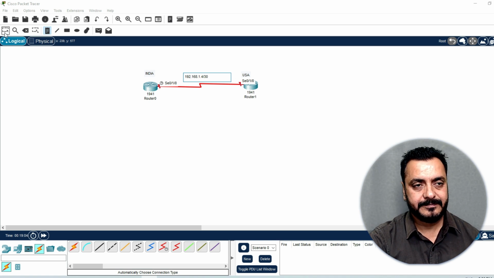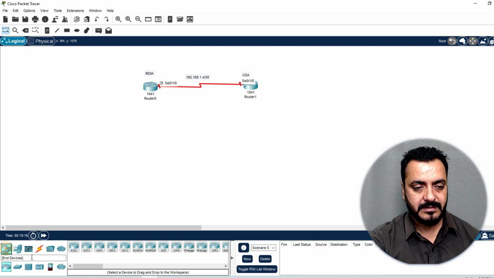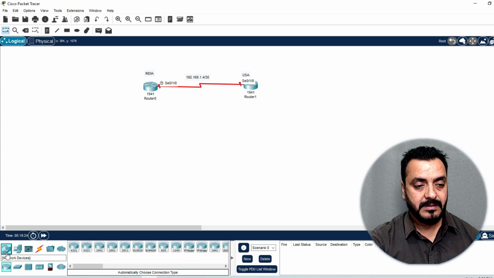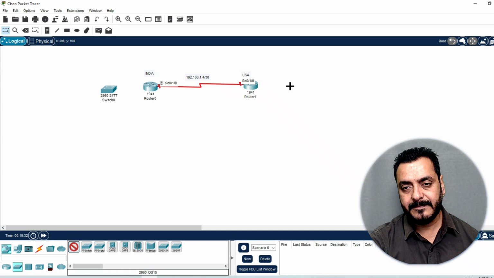Next, we have to connect end devices, or you can say LAN connectivity, with layer 2 switches like this.